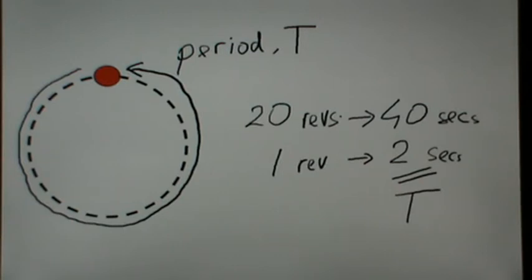So again, the period is the time needed for the object to move around for one circle.